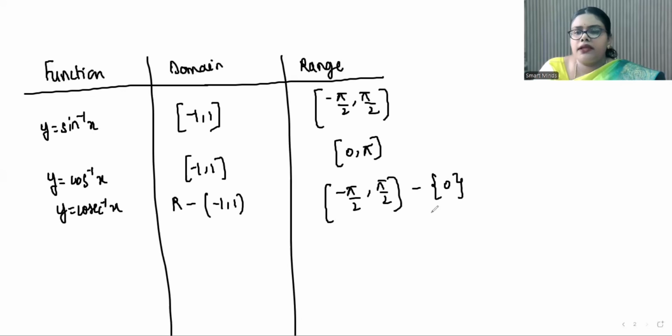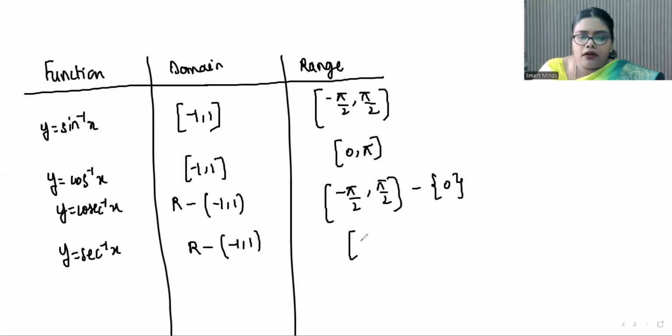That means it takes all the values from minus 90 to plus 90 excluding 0. We have y is equal to secant inverse x. This is R minus open interval minus 1 comma 1 and here closed interval 0 comma pi minus pi by 2.